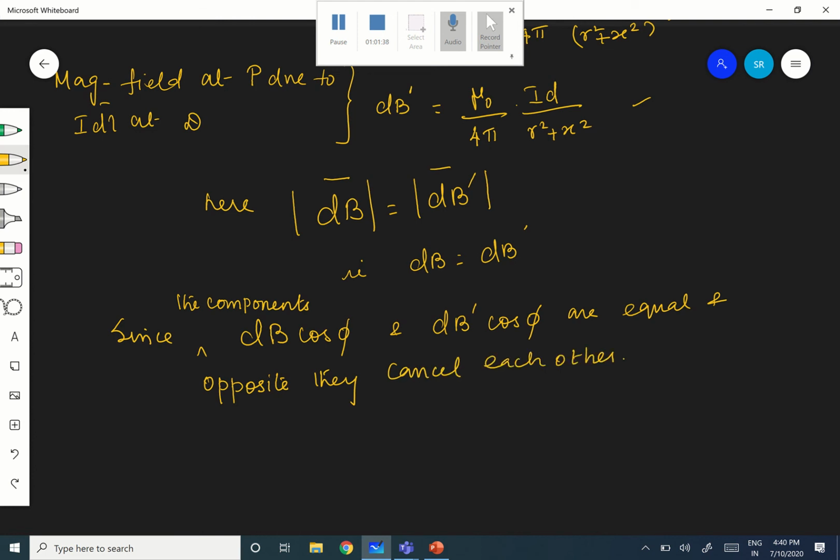They cancel each other. Okay, why? One is along py, another one is along py dash. But what do you say about the sine components? Sine components are acting in the same direction.